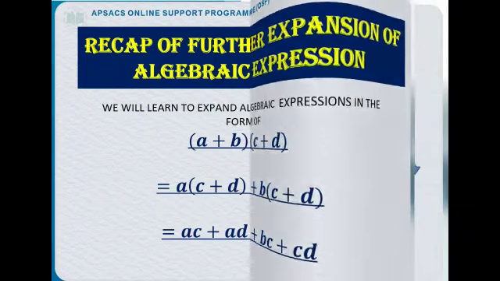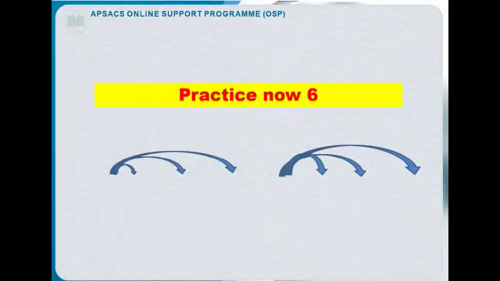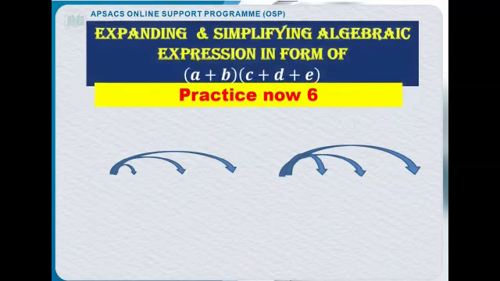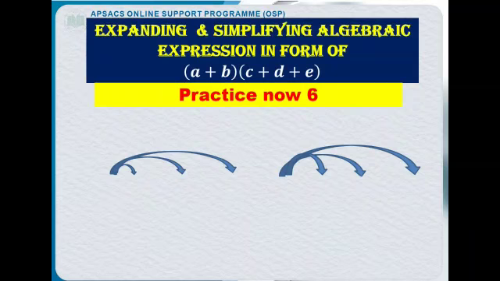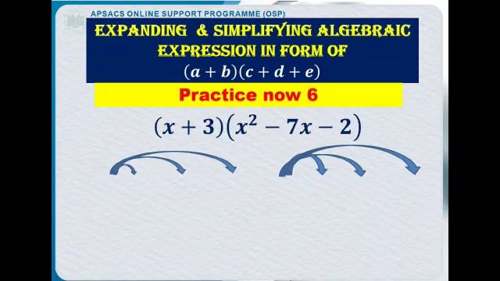Okay. Moving to this topic. Our today's topic is expanding and simplifying algebraic expressions in the form of (a + b)(c + d + e). Now which questions today we are going to do? We are discussing practice 6. The question says (x + 3)(x² − 7x − 2).